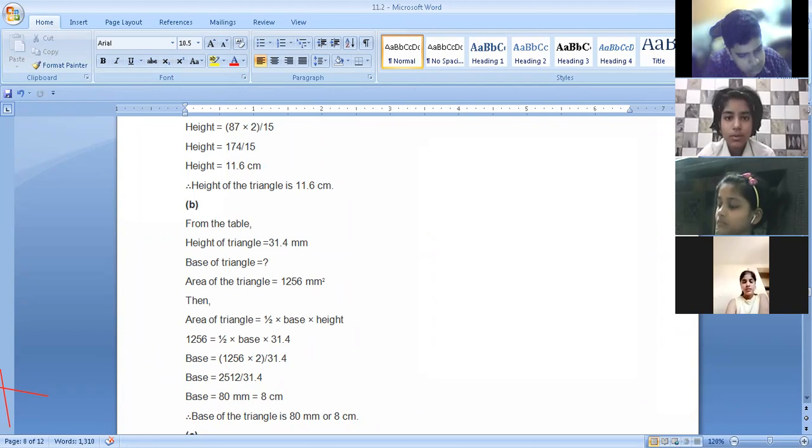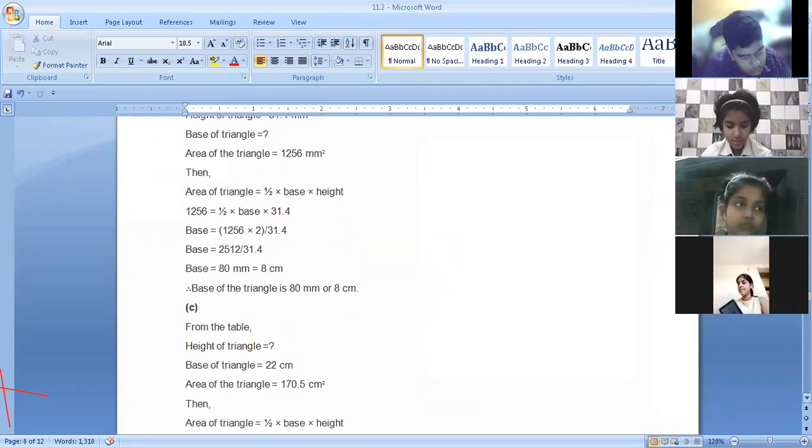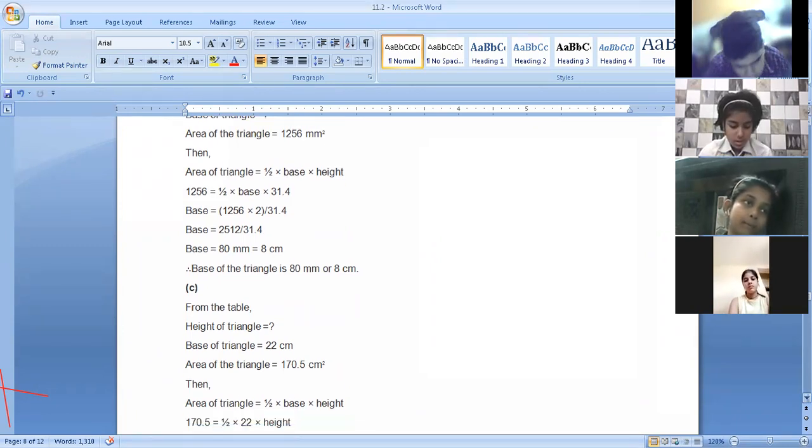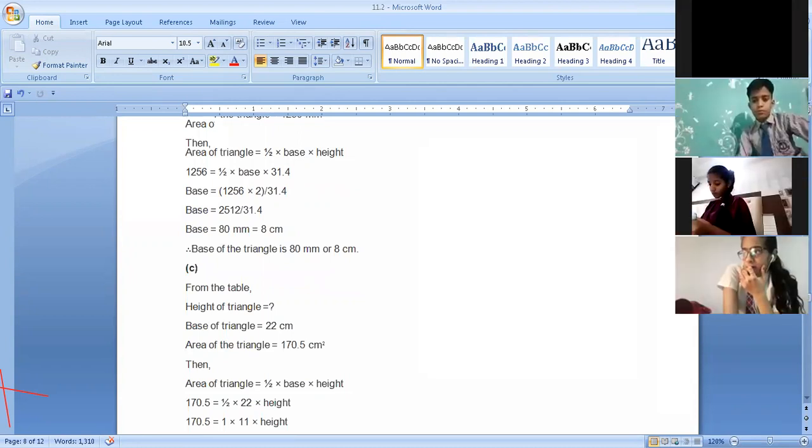Now start solving the C part. That's right, Jessica. Height is missing, base and area is given. Apply the formula. Start solving. Come on, children, start solving. Astha, Haryanshi, answer is correct.